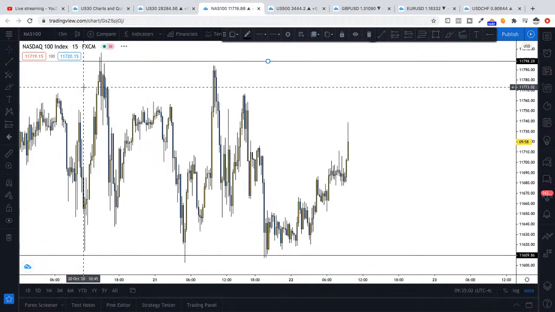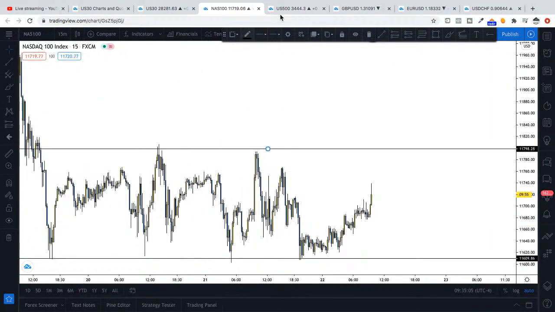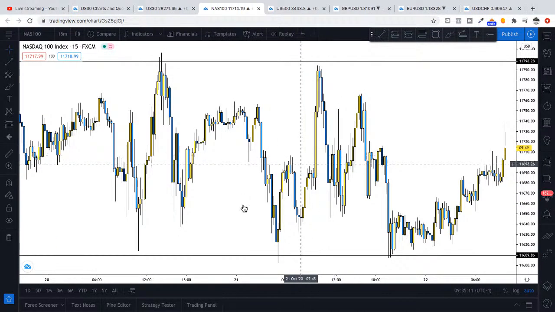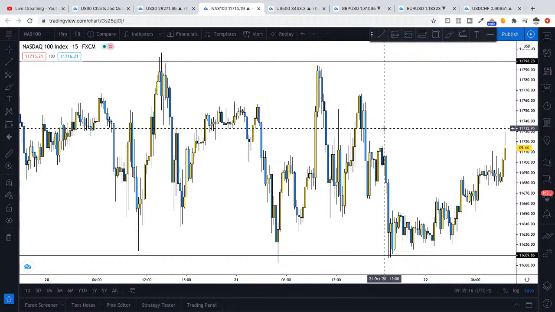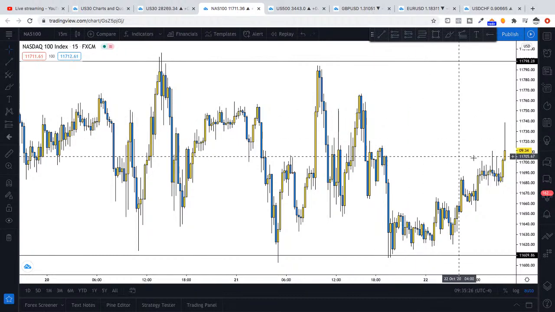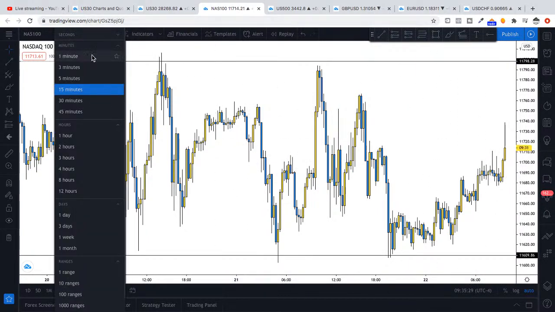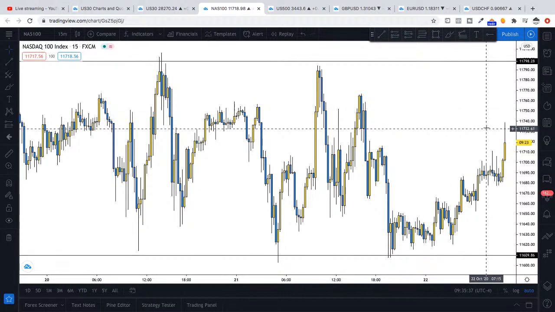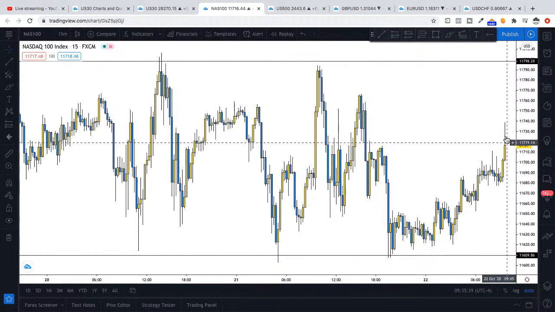Jump back into the 15. Look at that rejection. So if you've seen my trades, I'm normally trying to just get in and out, quick moves.